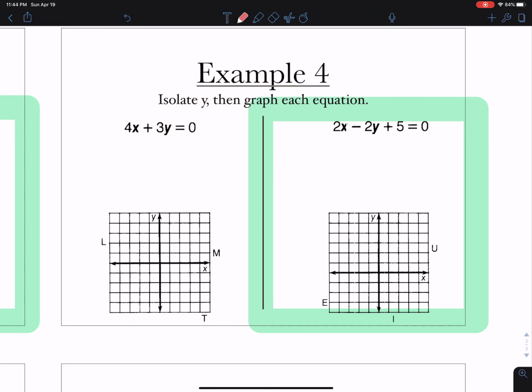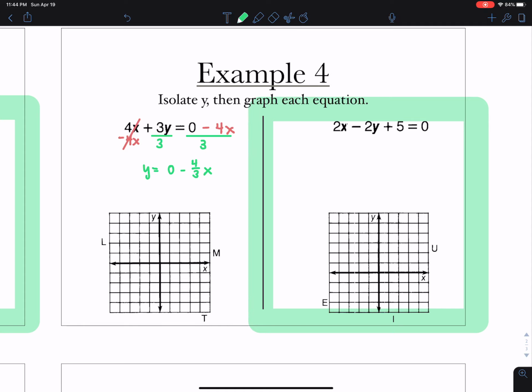With example 4, we need to get rid of this 4x. We can do so by subtracting 4x from both sides. If you want to leave the 0 there, you can. A textbook will never have the 0 there. And then we have to get y by itself, so we need to divide everything by 3. Again, if it makes it easier for you to graph from slope-intercept form, leave it as 0 minus 4/3 x.